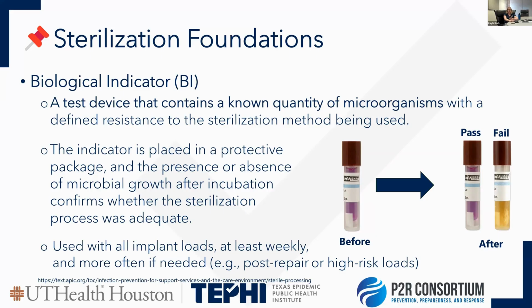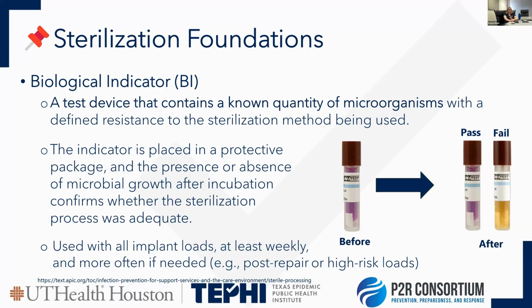And then referring back to your policies, a chemical indicator should be used in every single wrap and pill pack in the cycle. So you'll have multiple chemical indicators in the cycle, but just one biological indicator per load.